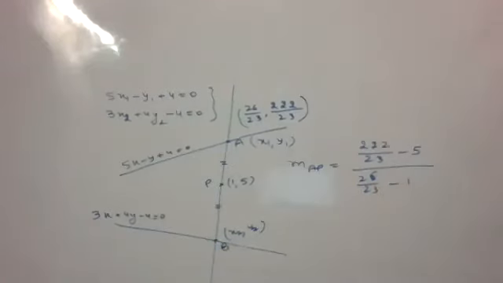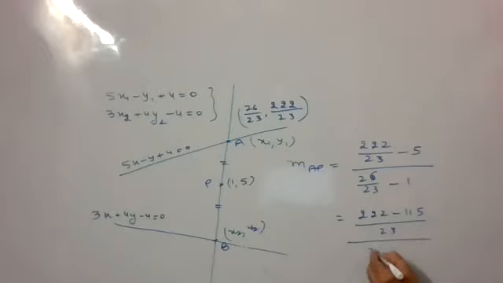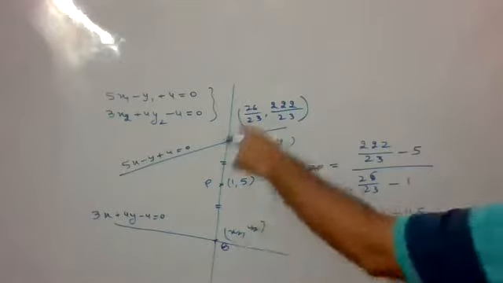That is 115 whole divided by 23, and this will be 26 minus 23 by 23. Cancel out. The slope is 107 by 3. So now I can get the equation of this line AB.